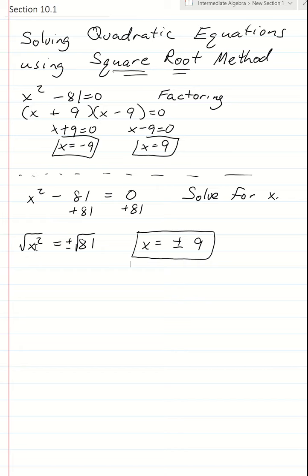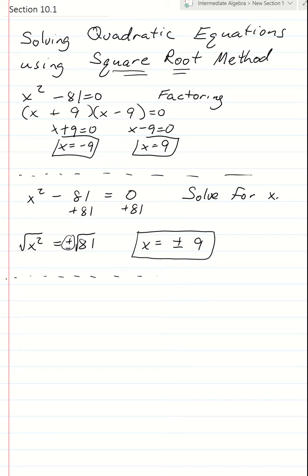Then once we have the x squared by itself, we have to eliminate the x squared by taking the square root of both sides. The key to remember is right here, that whenever you take the square root of the numerical side, you must put a plus or minus sign in front of that radical symbol. And that's how we get plus or minus 9.